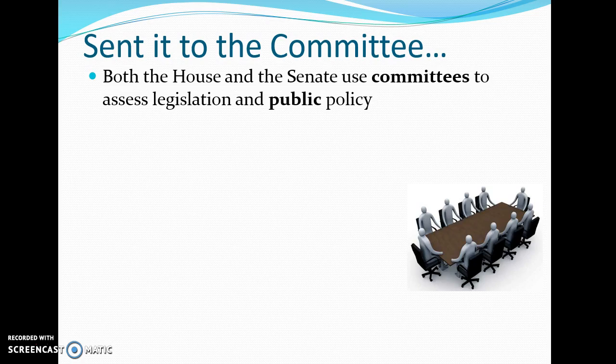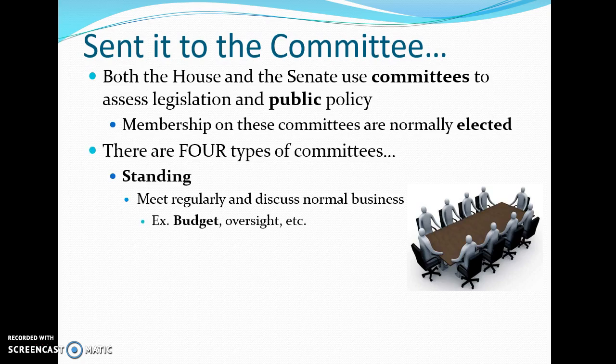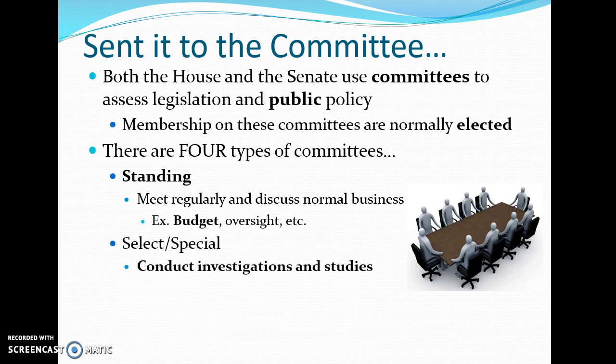Both the House and the Senate use committees to look at and pass legislation or laws. There are 4 types of committees. There's a standing committee. They meet regularly and do normal business, like budget committees.